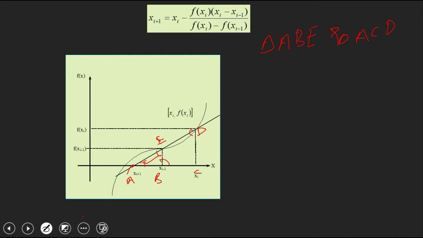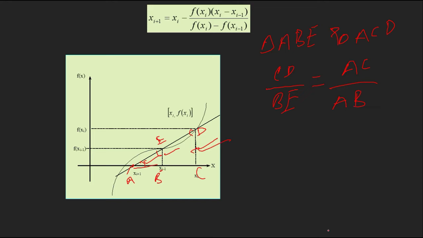And we have a theorem: if two triangles are similar, then this height divided by this height, which is CD divided by BE, is equal to this length, AC, divided by the AB length, the base of the other triangle.